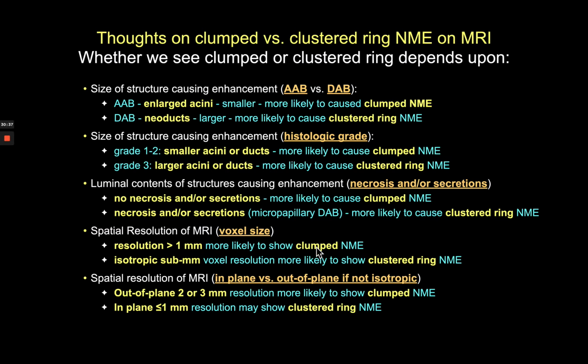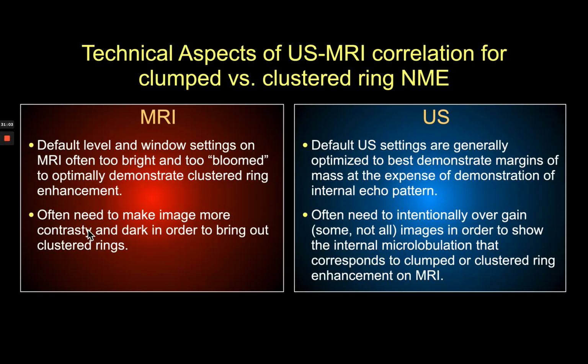And in fact, sometimes we see that in the native acquisition plane, where the resolution is about 1 millimeter, we're going to see clustered rings, whereas in the reconstructed autoplane view, we're only going to see the clumped. And then finally, again, in-plane versus out-of-plane if we're not isotropic. So out-of-plane, that's 2 or 3 millimeters, going to give us clumped. In-plane, sub-millimeter, is going to give us clustered ring.